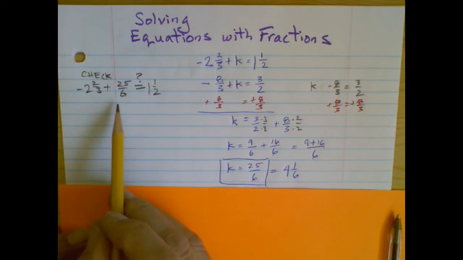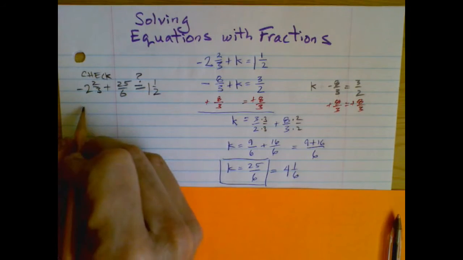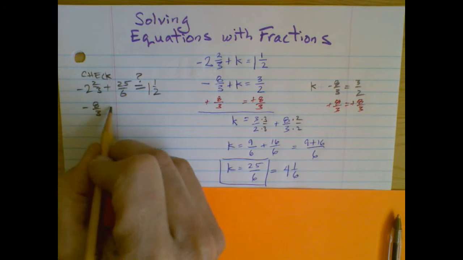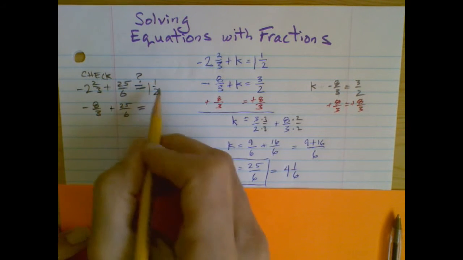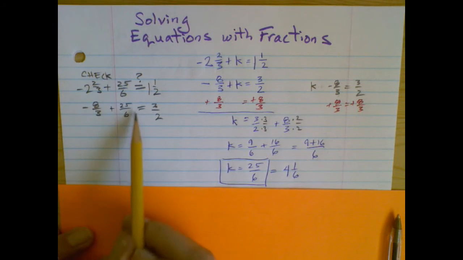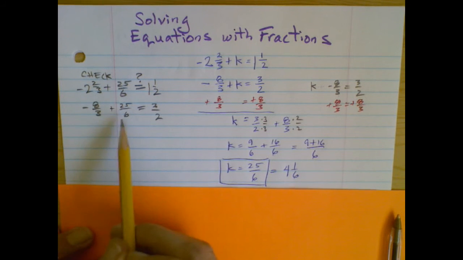Let's change everything to improper fractions, which we've done before already, so we know that the first fraction here is equal to negative 8/3 plus 25/6. Does that equal 3 halves? Well, what we need to do now is simplify this left side and find out, is negative 8 thirds plus 25/6 equal to 3 halves?